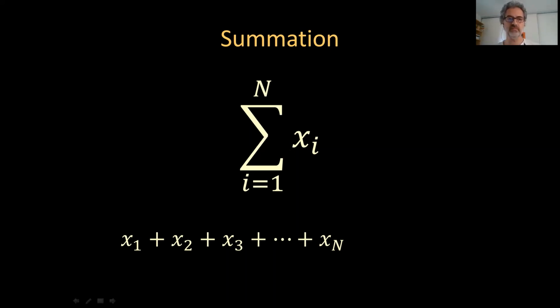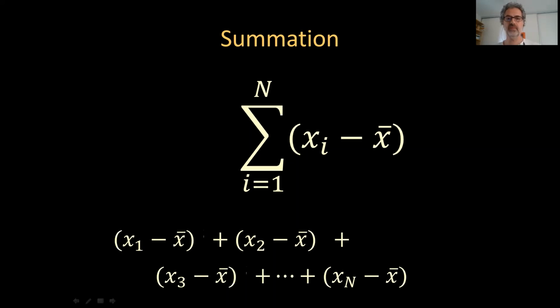So you can use this symbol, for example, to mean like that. So the sum of all the differences of xi minus x bar for i equals 1 to n. Now, I realize this may look a bit scary at first glance, but it's no more complicated than what we had before. To parse this, you just have to go step by step and think what is going on here.